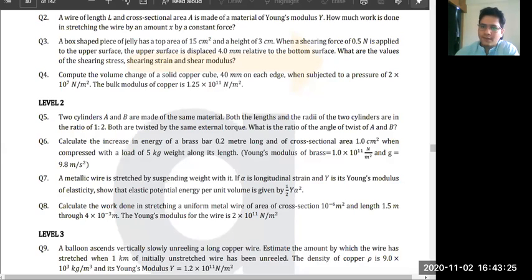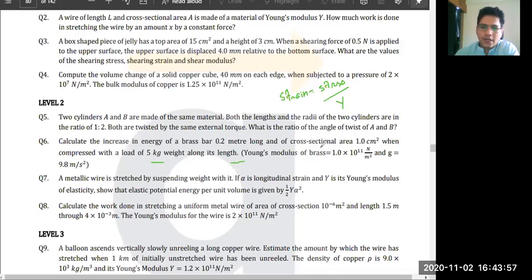Now, first we have to calculate strain because we can calculate stress. Weight is given, length is given, area is given. So I can calculate strain, yes or no? Strain is equal to stress by Young modulus. Agree? Agree? Very good, right? Yes.